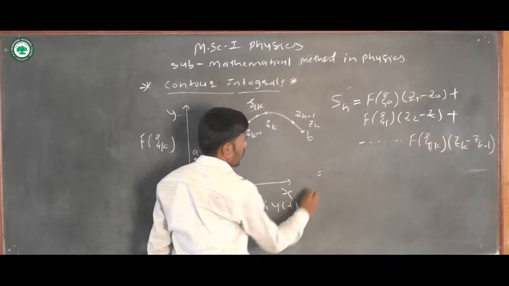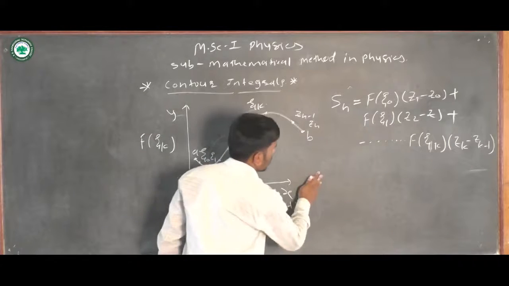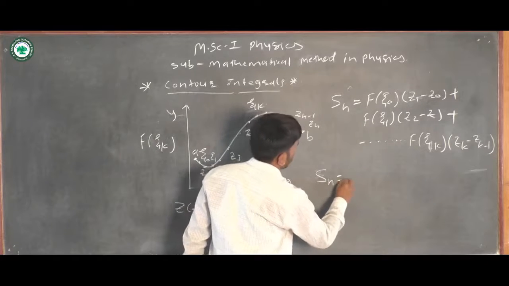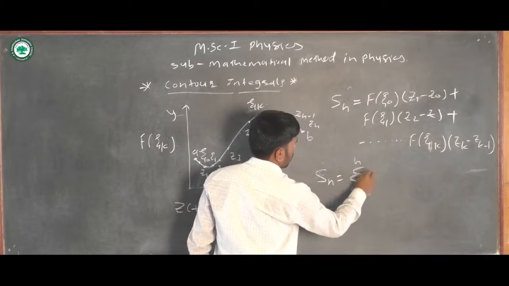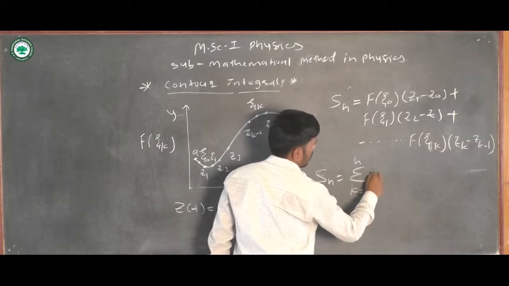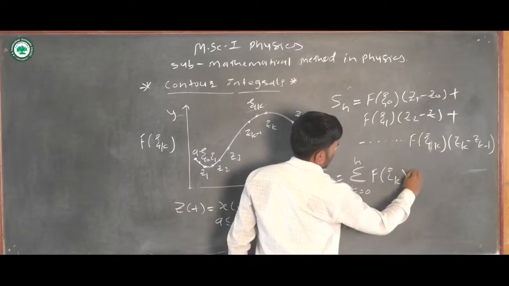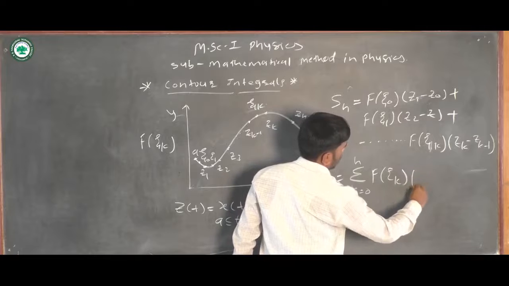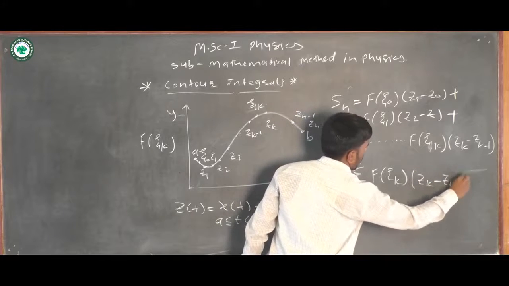Okay, now next we can write this in summation form, that is Sn is equal to the summation over k equal to 0 to n of f of psi k times zk minus zk minus 1.